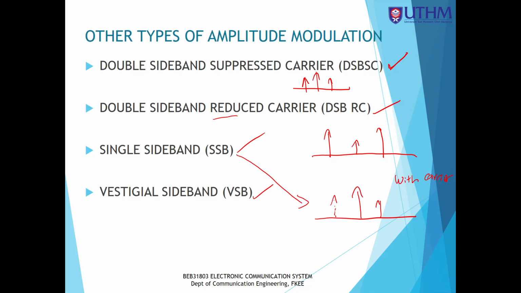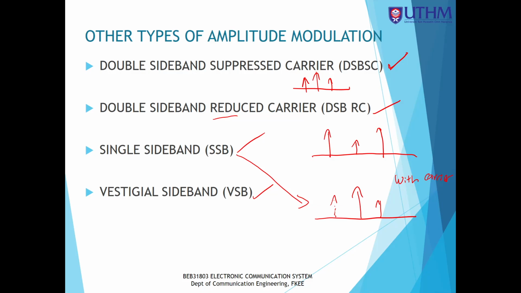In terms of bandwidth, it is also a different size. The distance from carrier to the upper and the distance from the carrier to the lower sideband is different. This vestigial sideband is used in television broadcasting, where it carries both video and also the audio signal. We will see later about that.